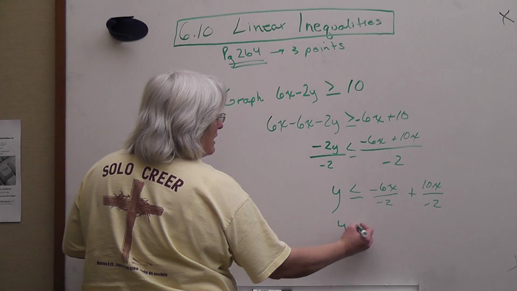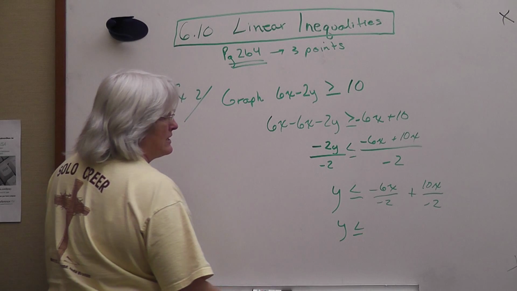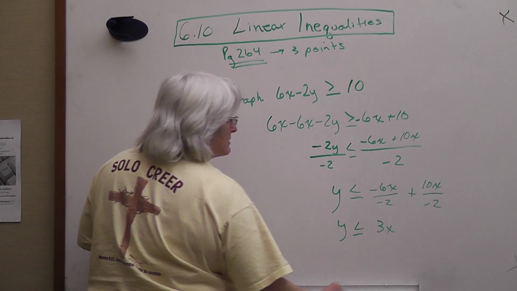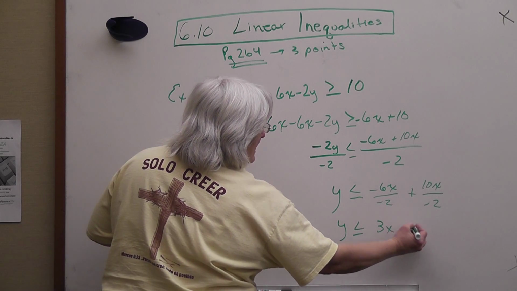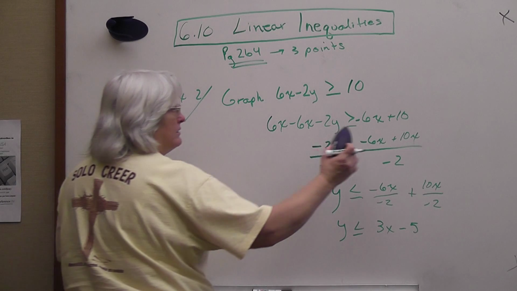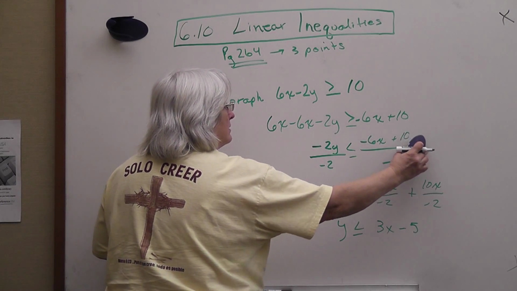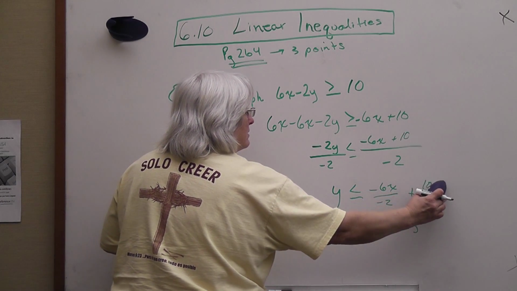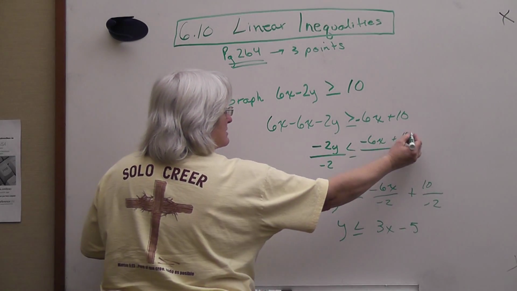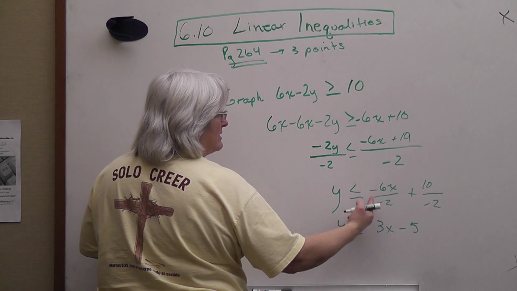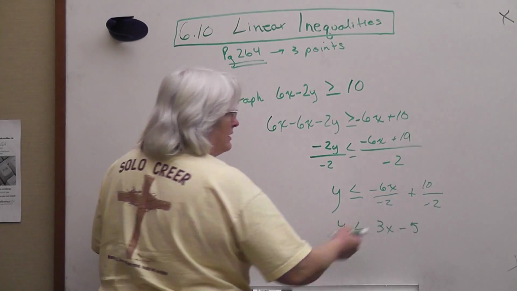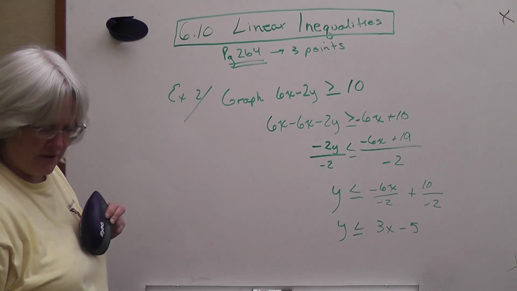So you have y is less than or equal to 3x minus 5. You see my marker went a little bit happy with those x's. Minus 6x divided by minus 2, positive 3x, and 10 divided by negative 2 is negative 5.